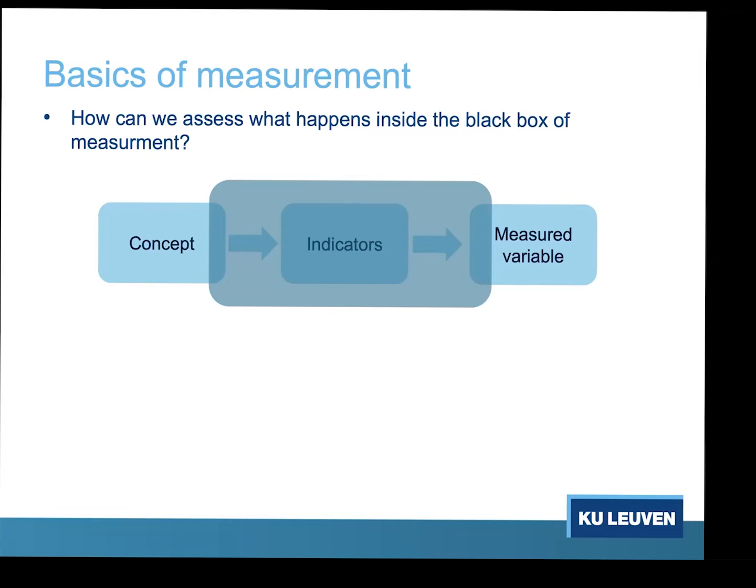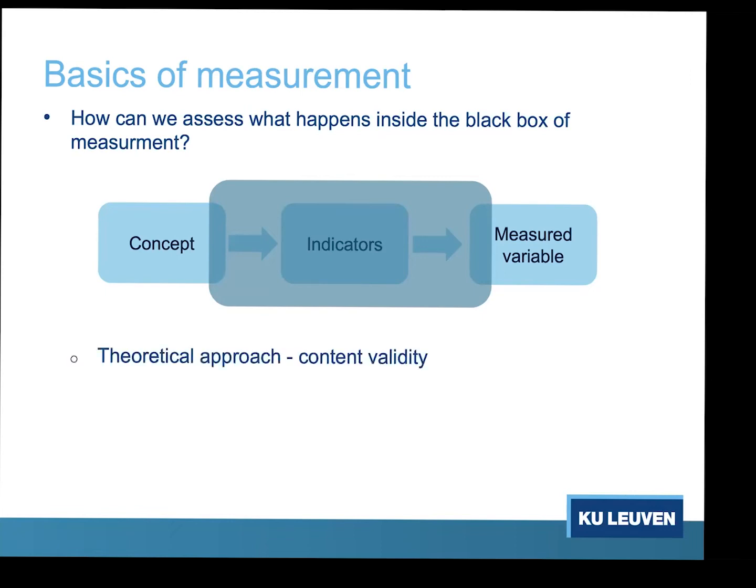And so the whole issue of assessing measurement quality is trying to find out if the measured variable is adequately reflecting the theoretical concept. And there exist numerous approaches to assessing measurement quality. And I think they are all useful in their own right. But maybe summarizing, you could distinguish three bigger approaches.